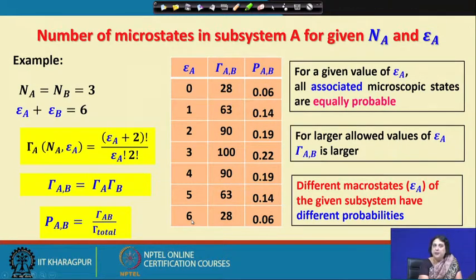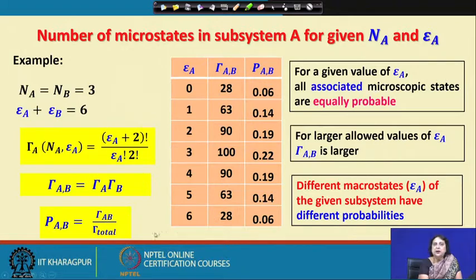And what are the probabilities associated with each of them? As you see, in this case the probability is 0.06. It increases as I go to epsilon A equal to 2, and finally it reaches a maximum and then tapers off.